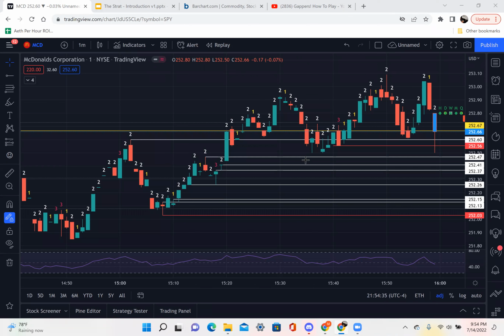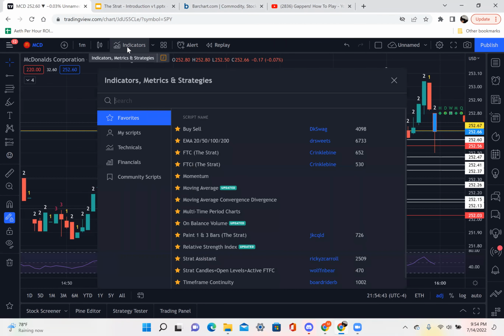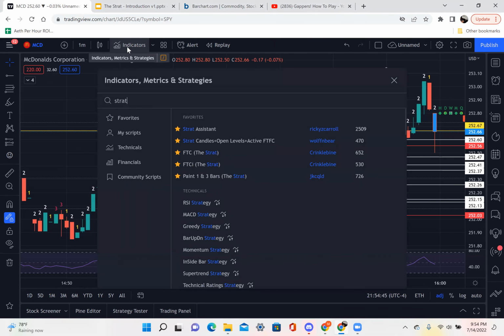What's the name of the indicator to add 3s, 2s, and 1s? It's called the Strat. On TradingView, it's called the Strat. The one that I use is called the Strat indicator. You just go to indicators and search STRAT. The Strat Assist is dope, or the Strat candles.